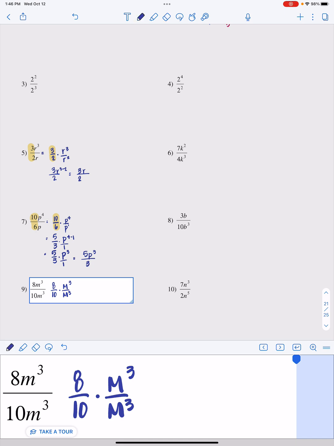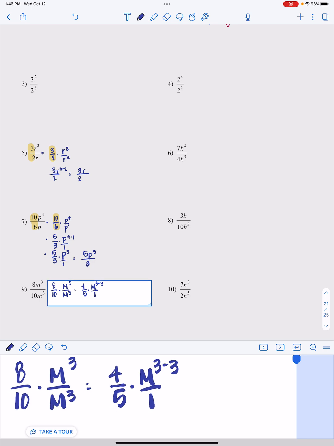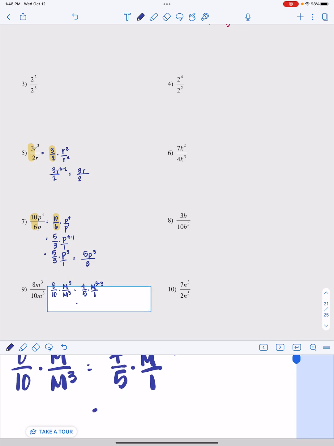I'm going to apply the same rules that we just had. So if I reduce the 8 and the 10, it becomes 4/5. And this becomes m to the 3 minus 3 power. Well, 3 minus 3 is m to the 0 power.